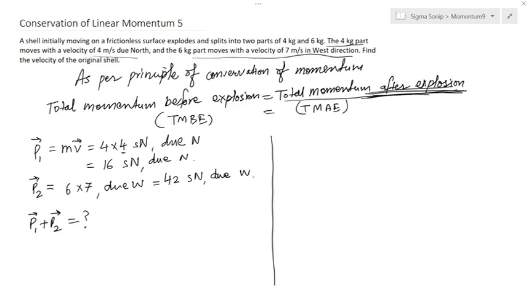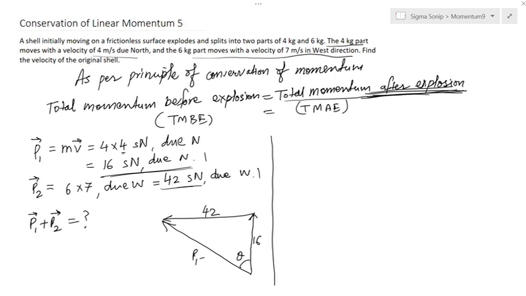Vector addition, we are now quite familiar with this. The first one is 16 kg m/s north, so I'll draw the diagram like this. That's 16. And the second one is 42 kg m/s due west. So this is my 42, and my total momentum is this. I will find that angle as well.